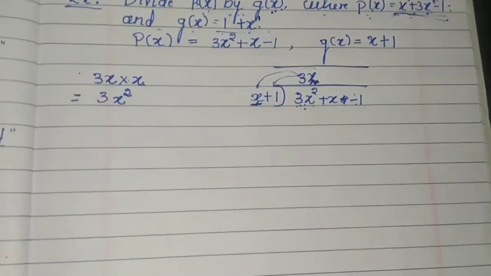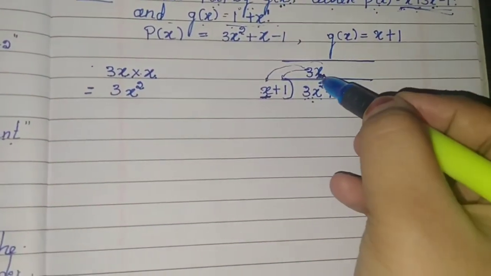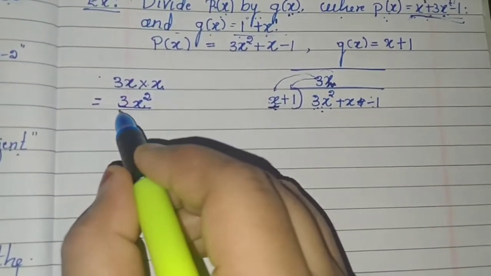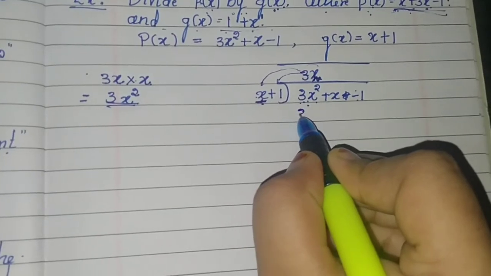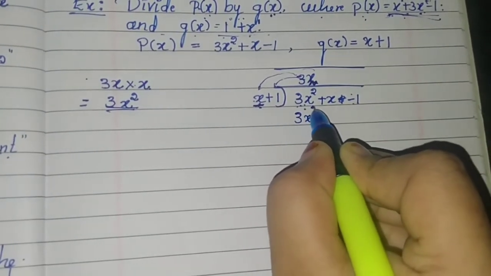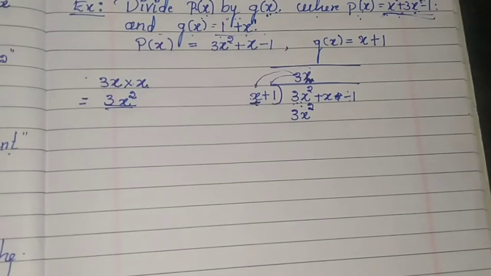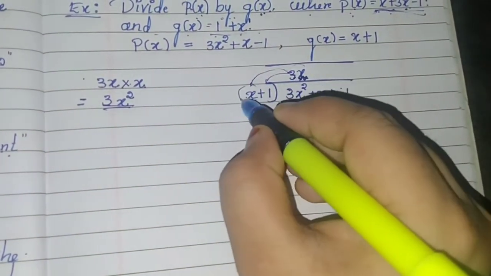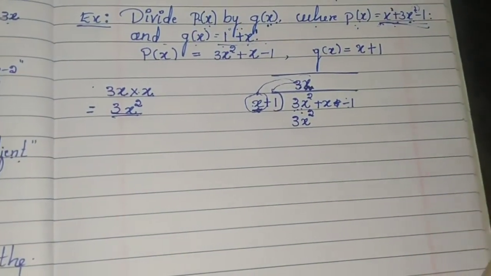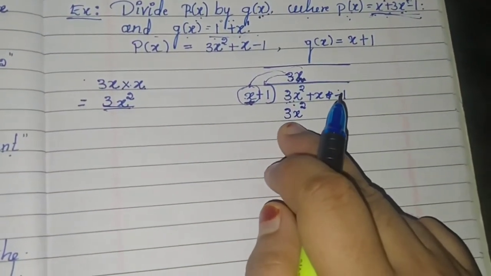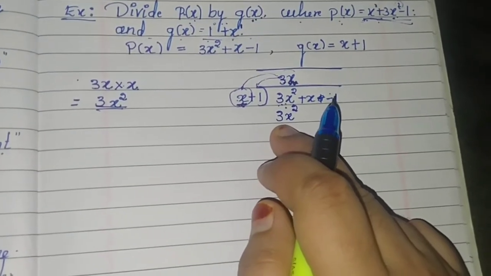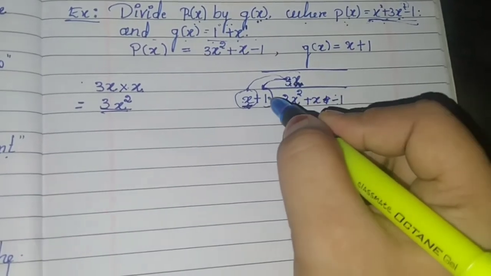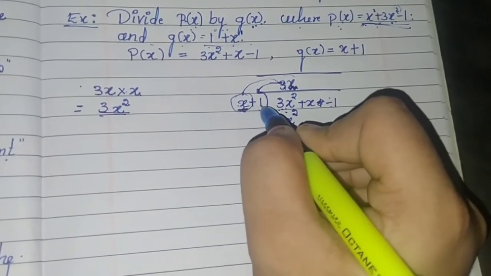After multiplying the quotient with the first term of the divisor, you get one answer, and that answer you have to write below the dividend. Just keep it in mind. Then the next step is to multiply the quotient with the second term of the divisor.